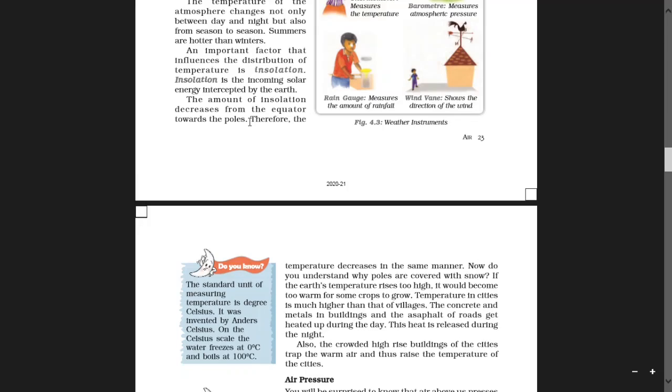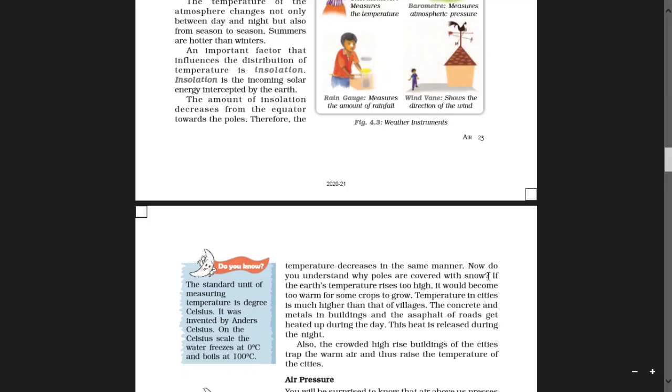So in this way, temperature also decreases in the same way. Now, do you understand why poles are covered with snow? Here I think, children, you understand why poles are covered with snow.